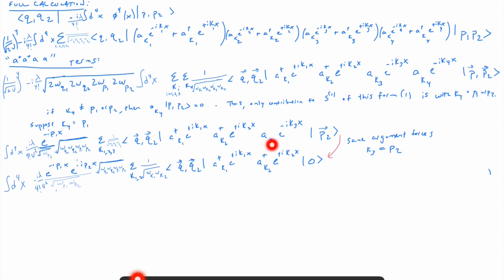The same argument applies. I'm going to hit a_{k3} on this state p2. Everything will be 0 except when k3 equals p2, so that forces k3 of all the sums to equal p2. That's why I pull this out over here. There's still that minus sign, e to the minus i p2 x. This is still the same x since these were all taken at the same space-time point x.